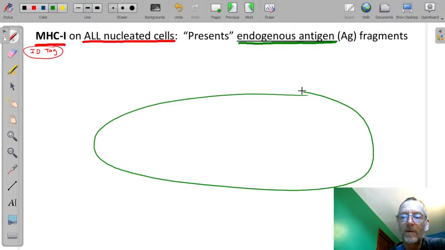They all do. And the idea is that if these cells, your body cells, become infected with a virus, how can we get rid of it? So let's pretend that we have a virus that gets into the cell. So we'll have a virus or a viral infection.